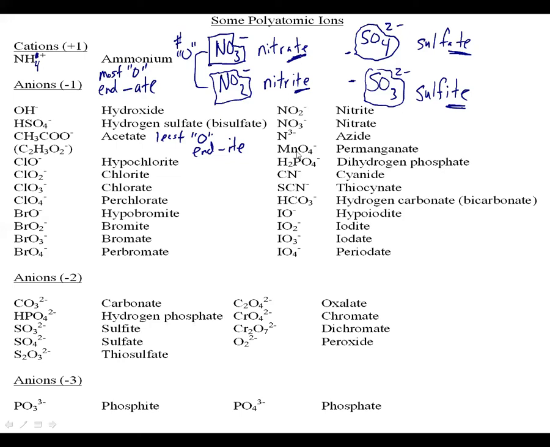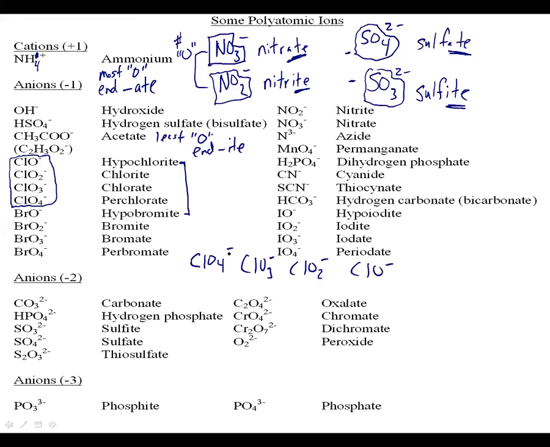There are also some groups of 4 that you'll see on here, and probably the most common group of 4 is this group right here. We have ClO4 minus, ClO3 minus, ClO2 minus, and ClO minus.